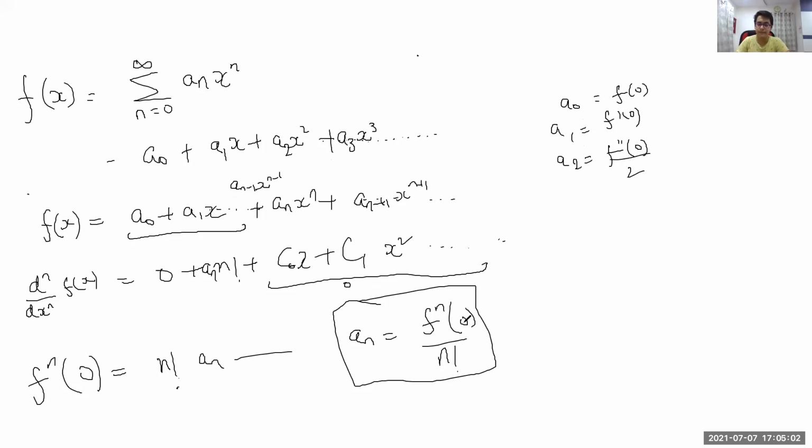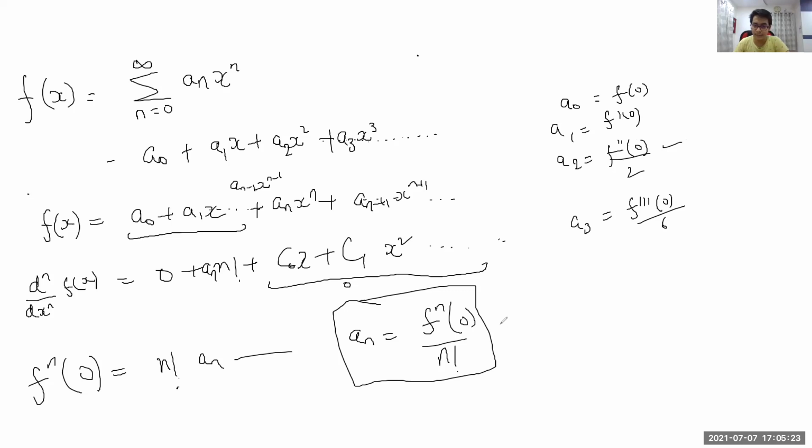So that's just going to be f of 0 by 0 factorial, which is defined to be 1. And if you put n is equal to 1, then the first derivative by 1 factorial, which is just 1. And the second derivative by 2 factorial, that's just 2. And so the third one is just going to be this by 6.